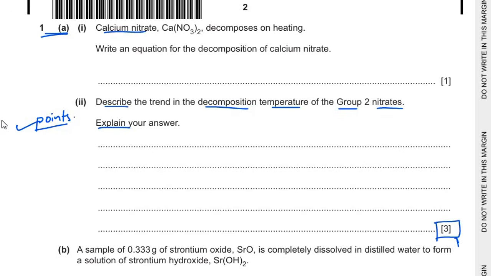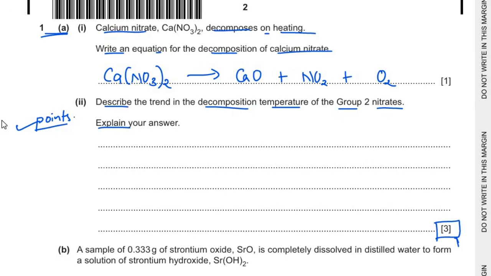Here it says calcium nitrate decomposes on heating. Write an equation for the decomposition of calcium nitrate. Now you need to know the formula of calcium nitrate, that is Ca(NO3)2, and we can write that as CaO plus NO2 plus O2.